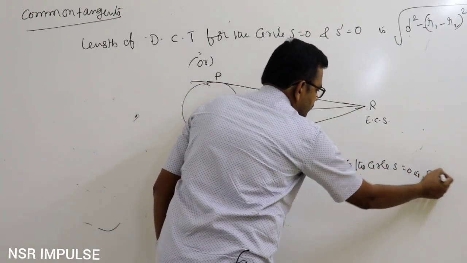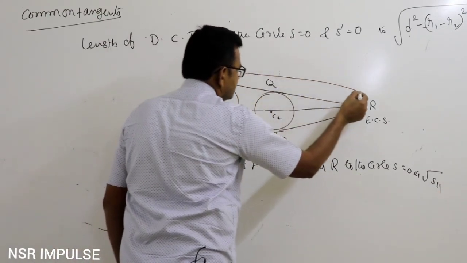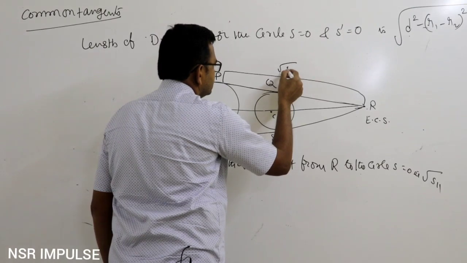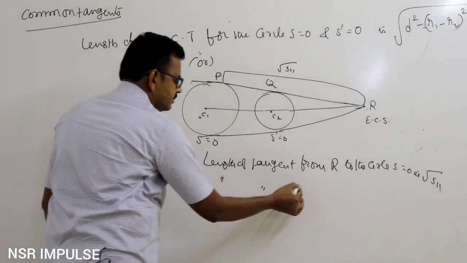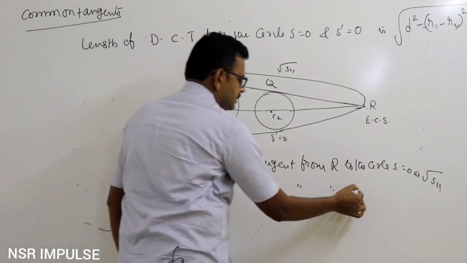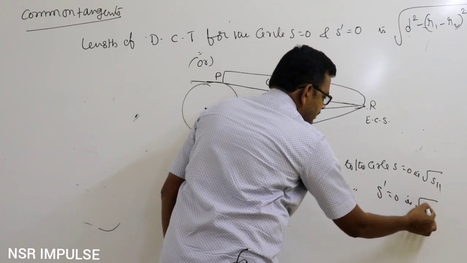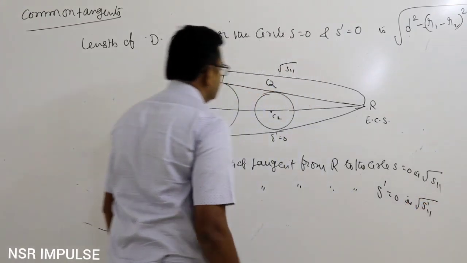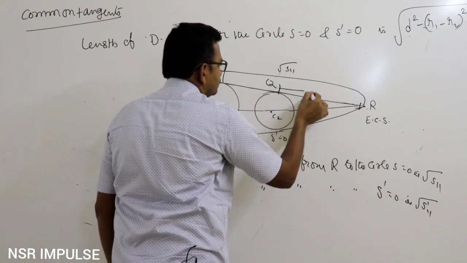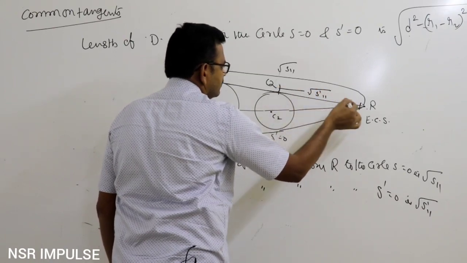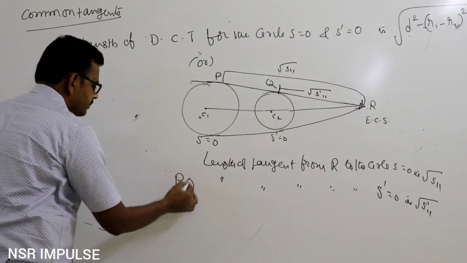It is root of S11, and the length of tangent from R to the circle S dash equal to 0 is root of S dash 11. Now we have to find the length PQ.